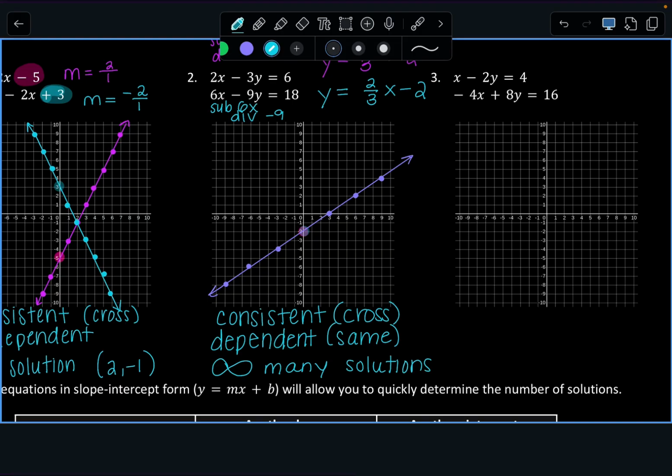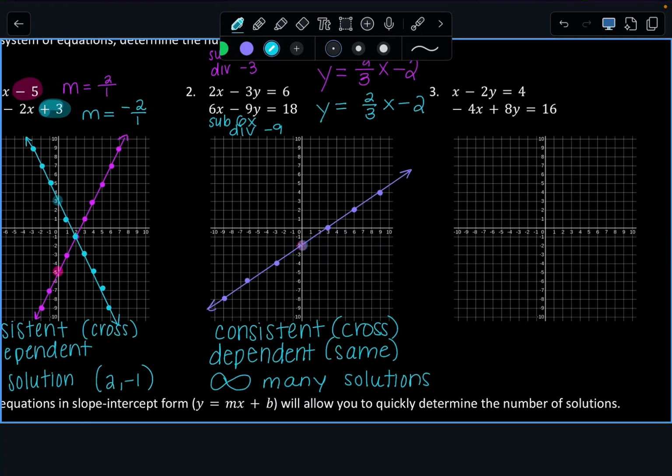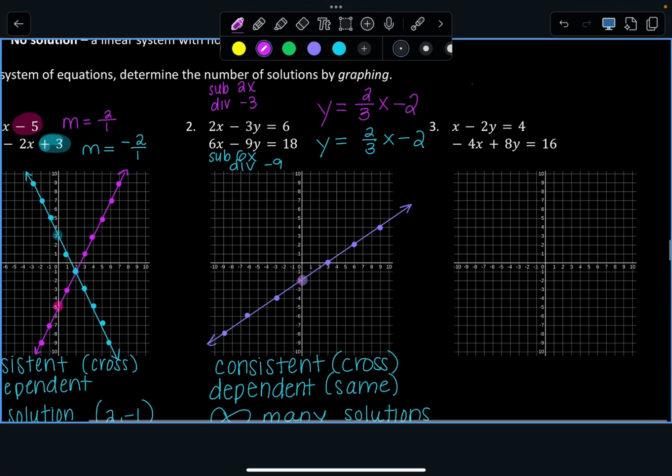Are we still doing okay? All right, so let's go ahead and rearrange for number 3. Top equation, subtract x from both sides, and then divide everything by -2. So when we do that, we get y equals 1/2 x minus 2.